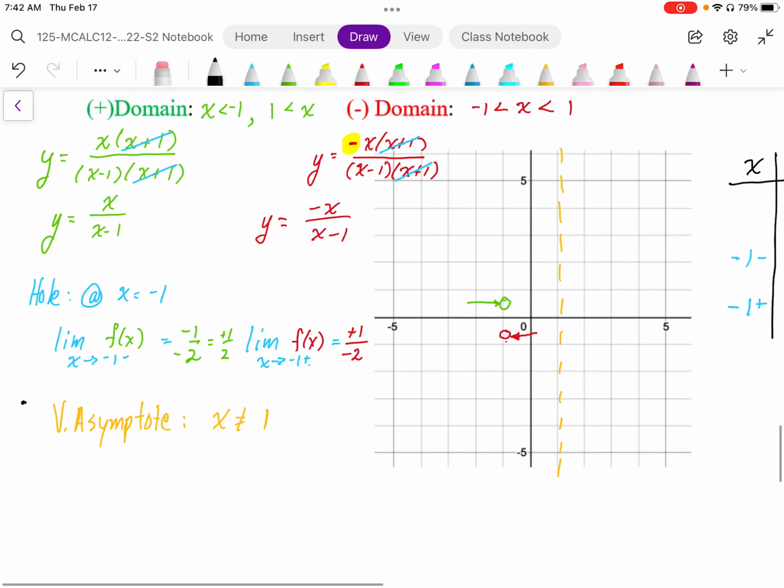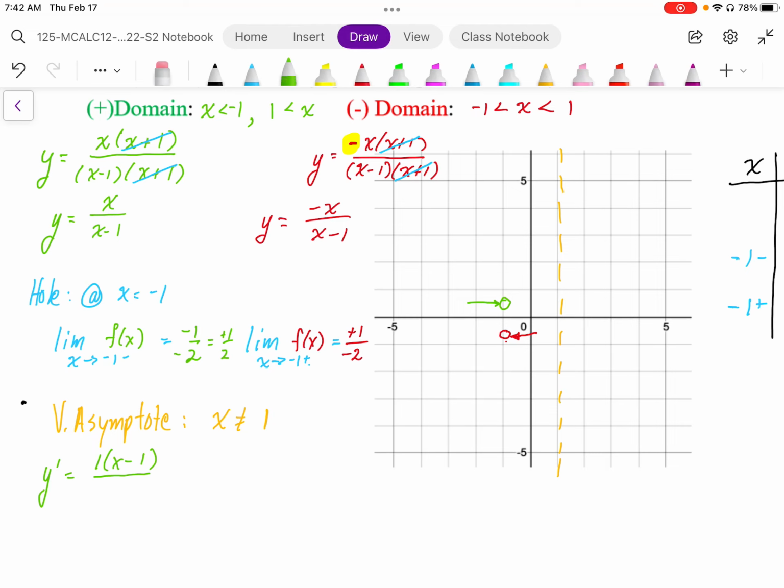So the derivative on the left, I'm going to do this in green. My derivative here is going to be my rational function, so it's going to be 1 times x minus 1 divided by x minus 1 squared. Oh, I need to use my quotient rule, sorry.